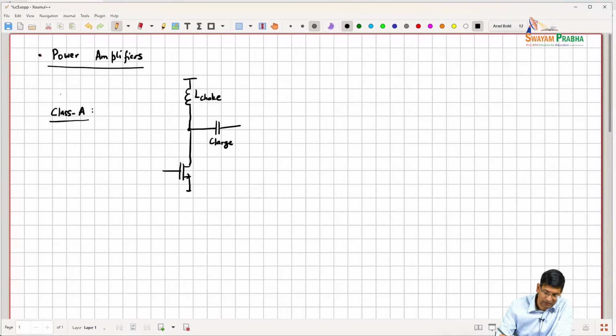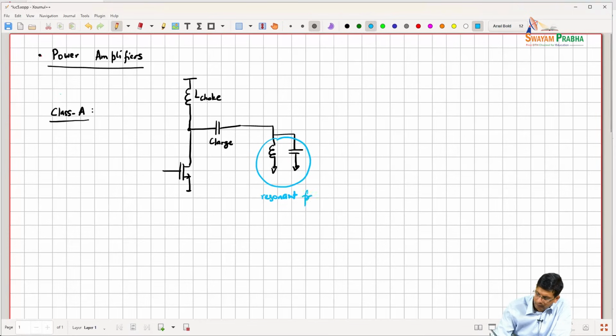And then we have a resonator that is tuned to F0. And then we have our load connected here, which is RL, and this is VDD.